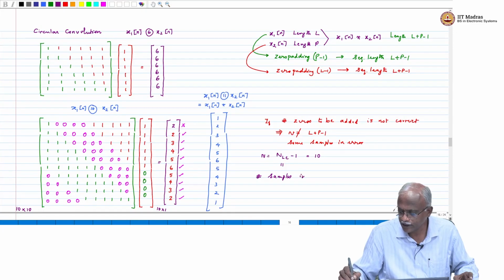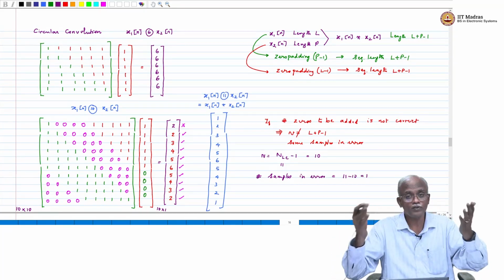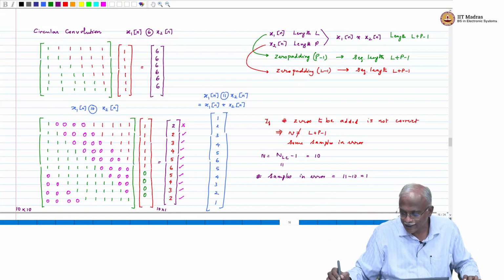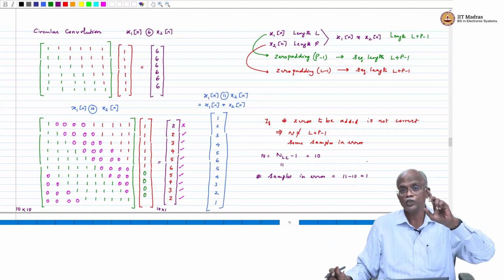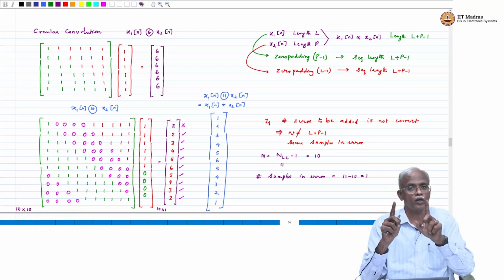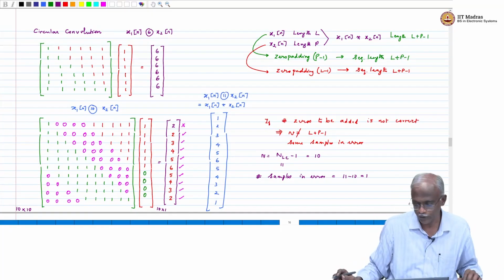Number of samples in error equals 11 minus 10, equal to 1. If you were short of zeros by 2, you will find that the first two samples are in error. So this is an important result, because when you want to get linear convolution using circular convolution, you must add the correct number of zeros.